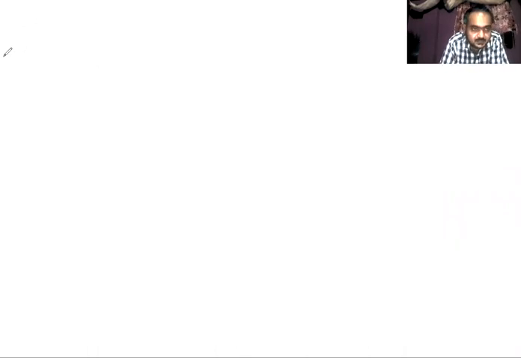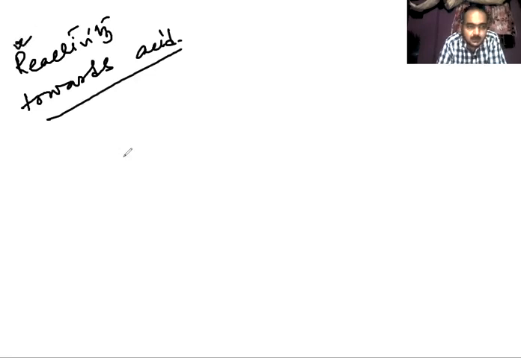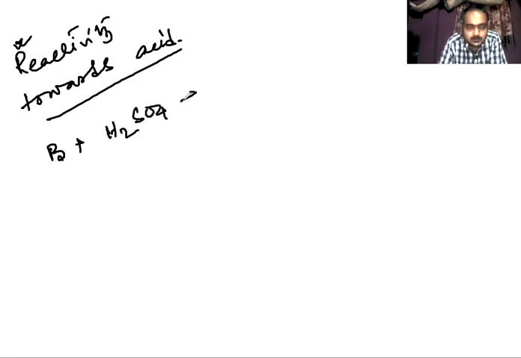The next one we can see is reactivity towards acid. Now you can see various types of reactions are possible here. Boron, when it reacts with H2SO4, produces boric acid H3BO3 plus SO2.